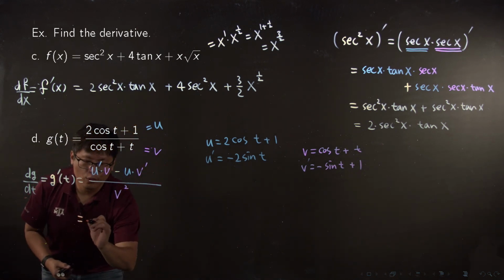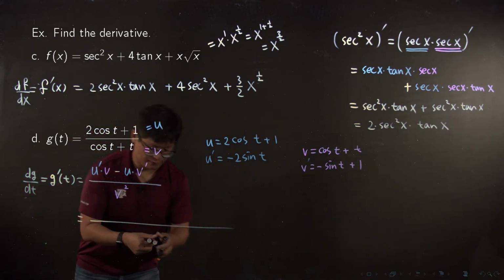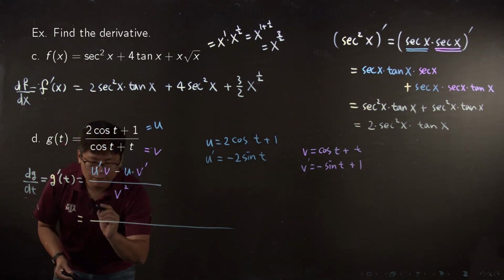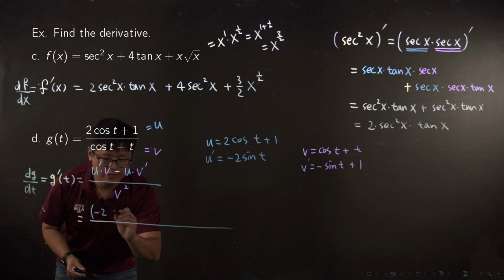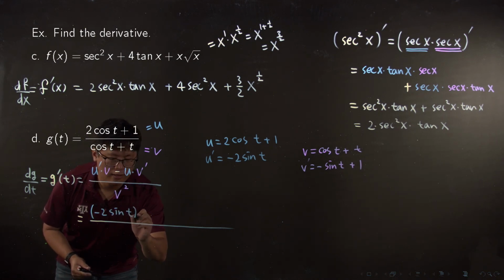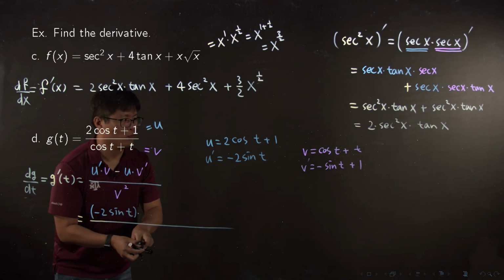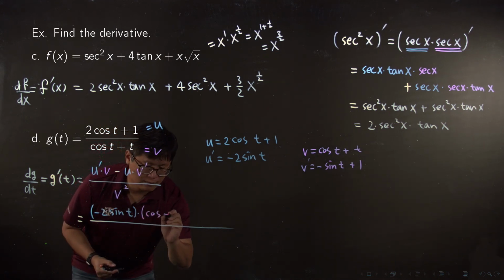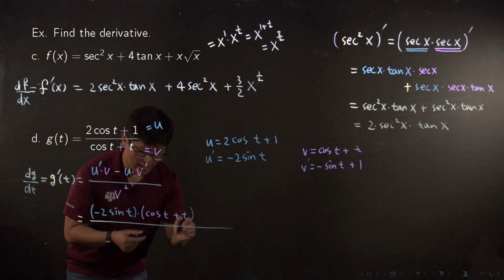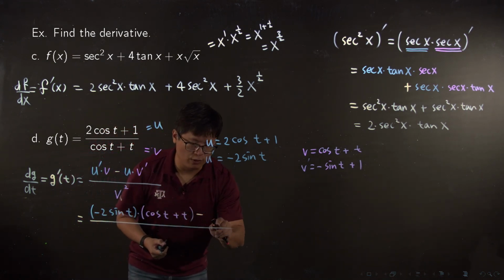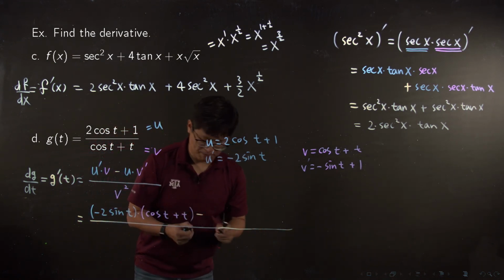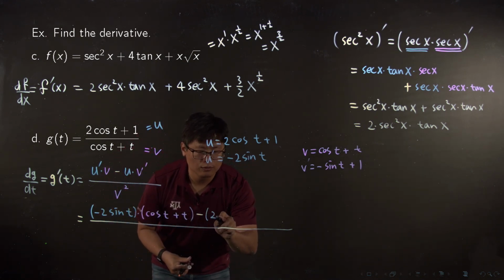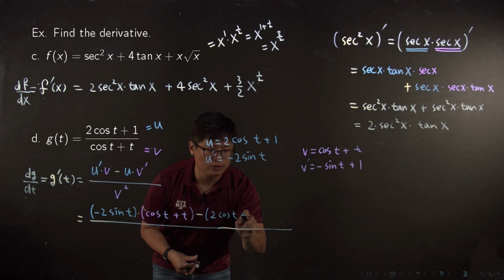It is equal to a fraction, and we need u prime, minus 2 sine t, times v, which is cosine t plus t, and it is minus because we are talking about the quotient rule. And then we need u, 2 cosine t plus 1.